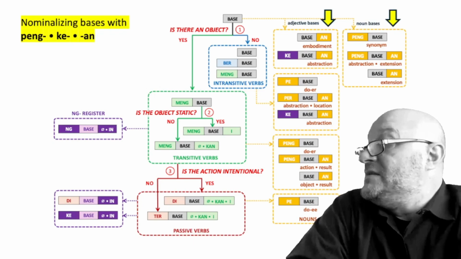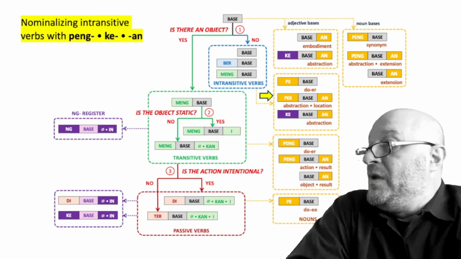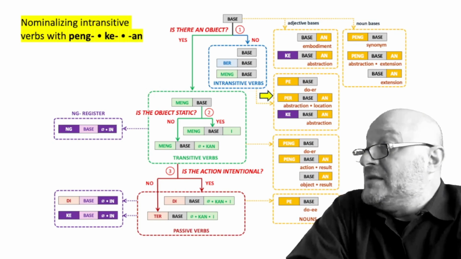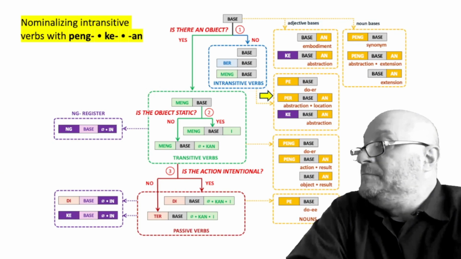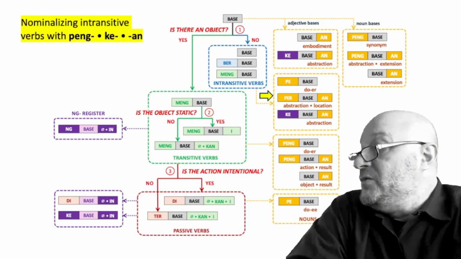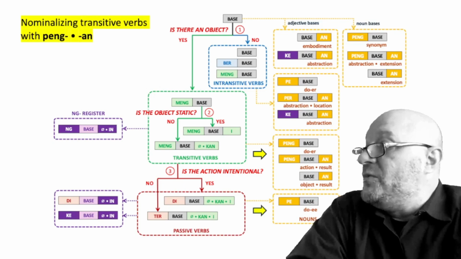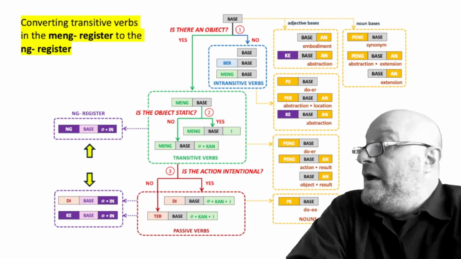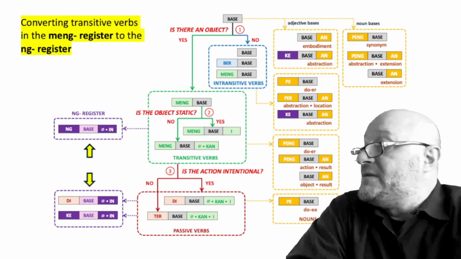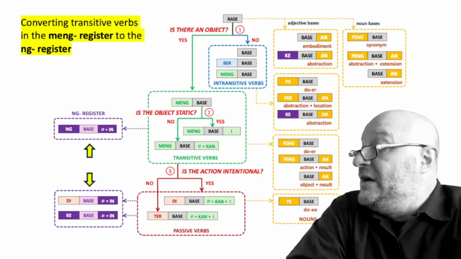It nominalizes bases with peng-, ke-an. But it also nominalizes affixed verbs created by the triage using peng-an. So ber- verbs and meng- verbs and di- verbs and ter- verbs are nominalized with peng-an. The third part of the affix system converts the transitive verbs in the meng register to the slangy nge- register.